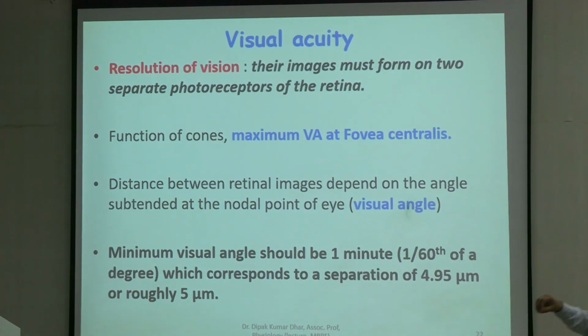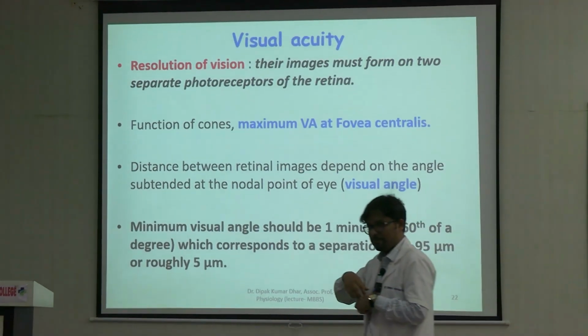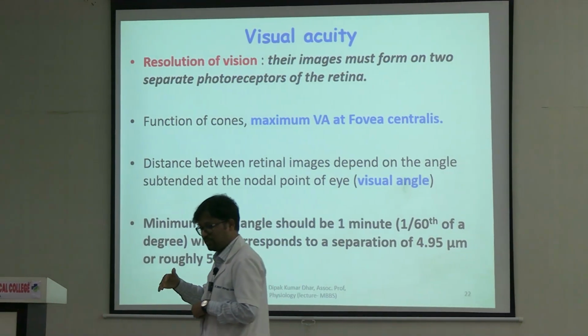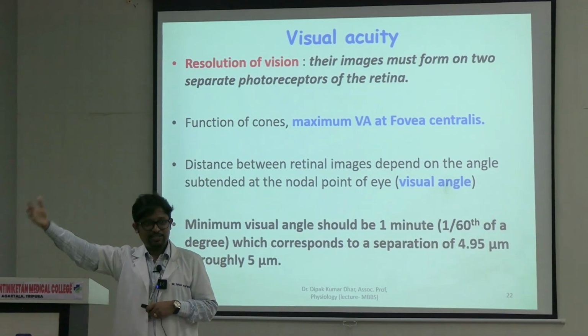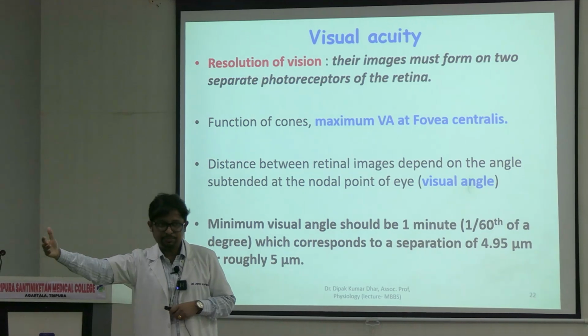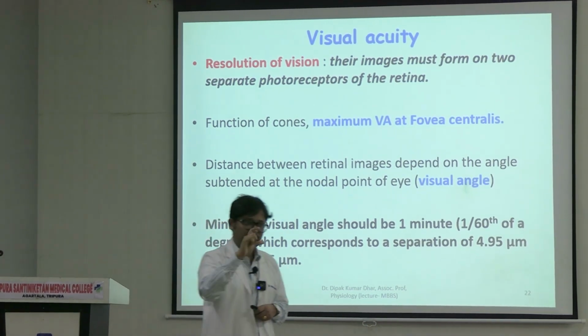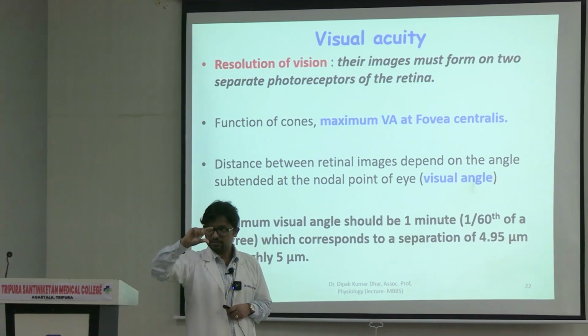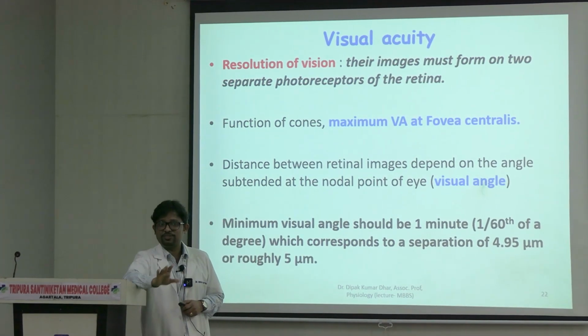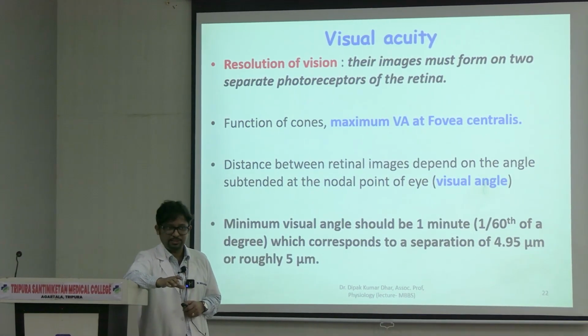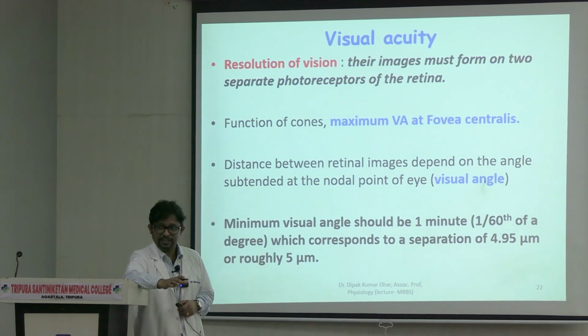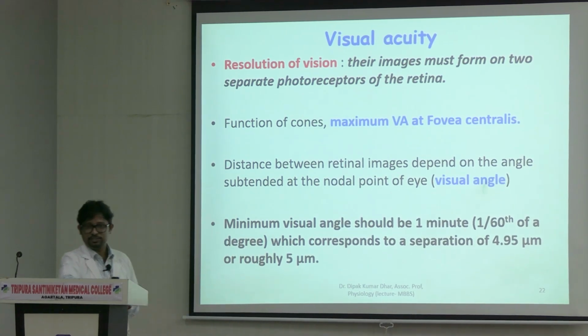In touch, we placed the stimulus directly on the receptor. But in vision, since the stimulus is outside, visual receptors are teleceptors. Stimulus acts from a distance. So what forms on the receptor is the image of the object. So the image has to form on at least two separate receptors. Only then will it be identified by the brain as two separate objects.